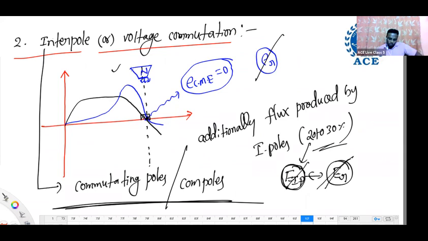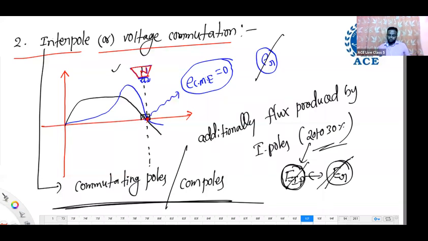If you place interpoles, same as in the armature reaction, the resultant flux along the brush axis will become zero. Actually, there is some resultant flux at the brush axis previously due to the cross-magnetizing effect. But after placing interpoles, we can make that flux zero by choosing the interpole flux properly. Once it is zero, is there any EMF in the coil at that time? No EMF. That's why no spark will come.